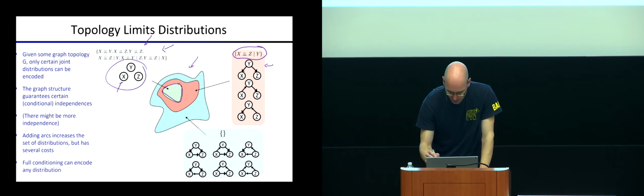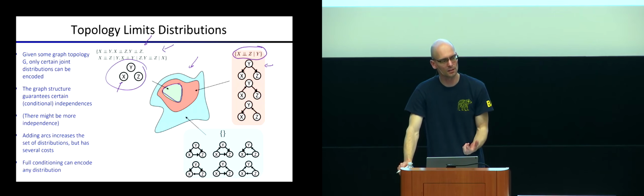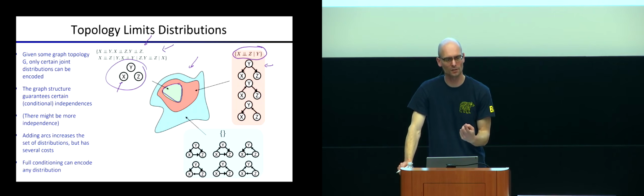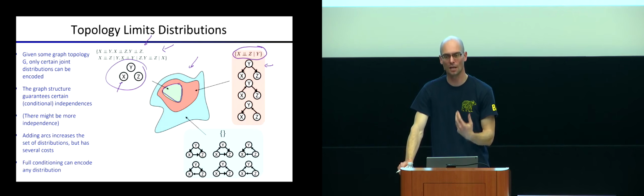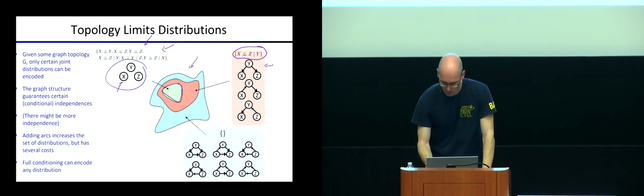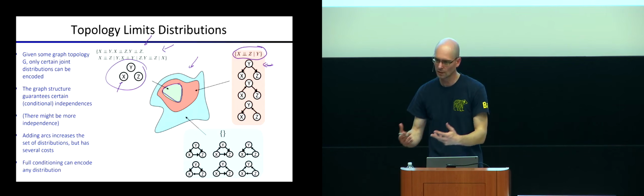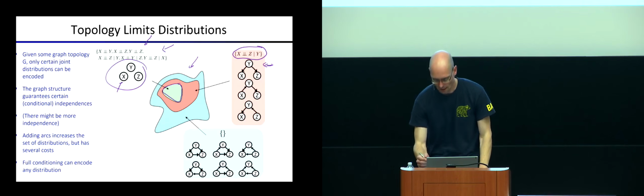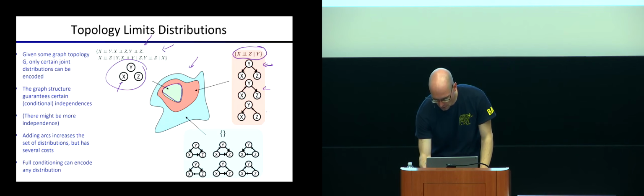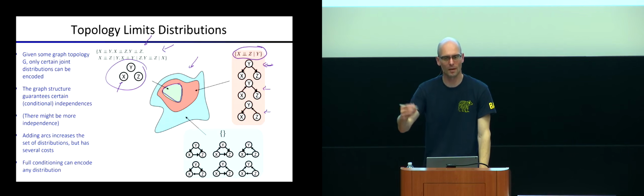So it's a larger set of distributions that you can represent if you're only forced to make this one assumption rather than being forced to make a lot of assumptions. And it's also the same distributions. Any distribution represented by the first one, you can reformulate as represented by the second one or the third one. It's interchangeable from a mathematical point of view, even if from a practical point of view, you often will still prefer one structure over another one.